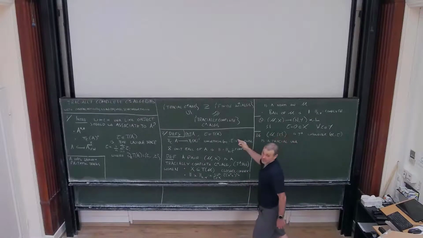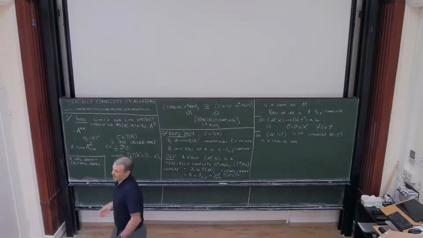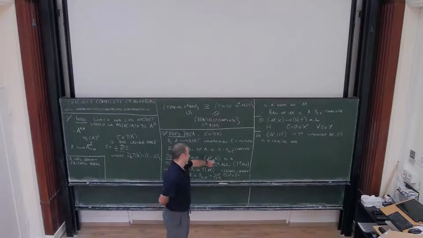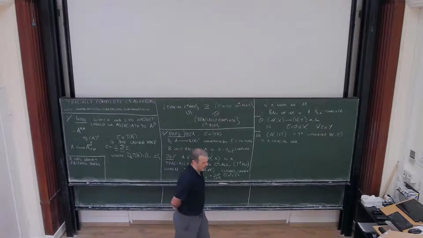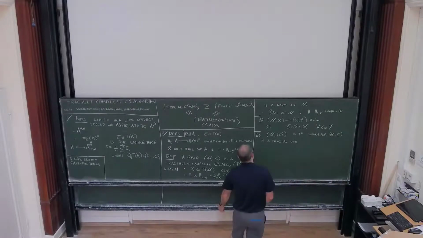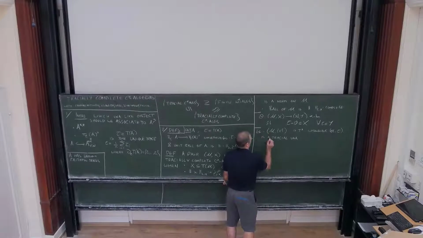That's the content of this fact, that a tracial von Neumann algebra is by definition a finite von Neumann algebra with a specified normal trace. So when I specify that as a trace, it will satisfy these definitions. Okay, so that's one example.